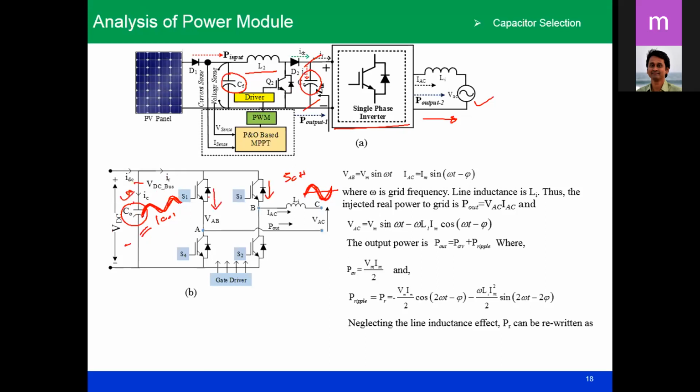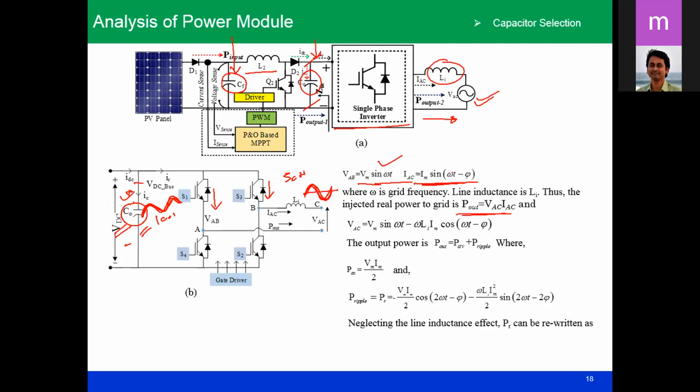Now you see the problem is coming from this capacitor to this particular capacitor. I will not give much time on this analysis. Let us say the voltage source is a sinusoidal source, and the current, of course, has an inductance, so there is a phase difference between voltage and current.